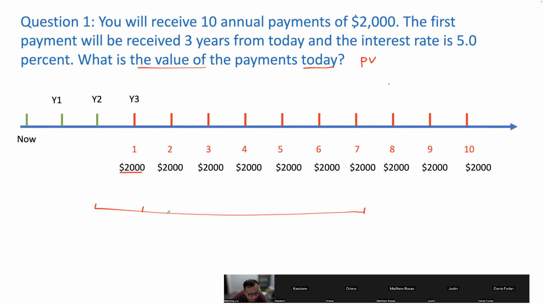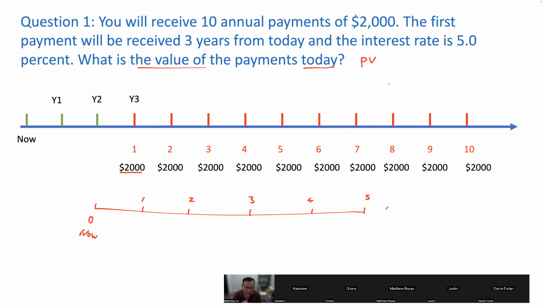So let's say this is the timeline. This is now, and this is year 1, 2, 3, 4, 5. Suppose there are 5 payments, okay?